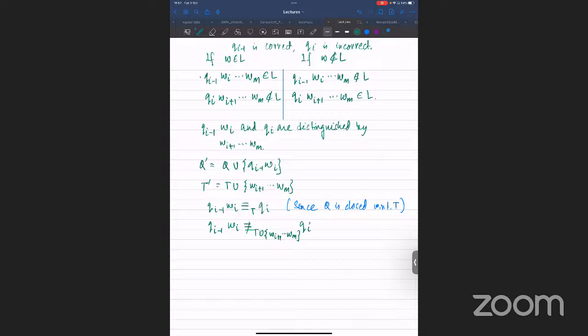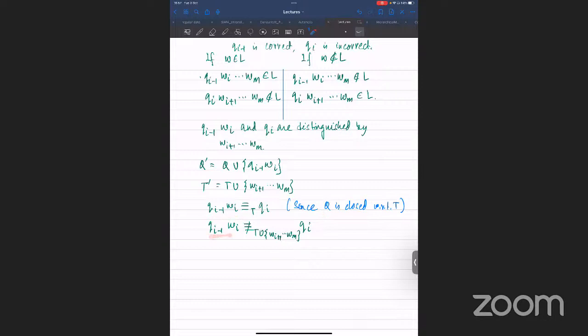Equivalent to qi. Okay? Right? And hence this string, so this was equivalent to this. So that means this is not equivalent to any other string qj in Q. qi minus 1 wi is not equivalent to anything else in Q, right?